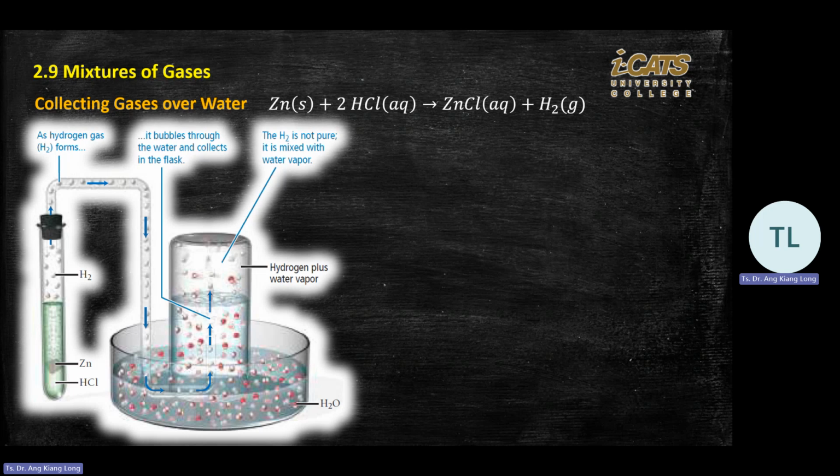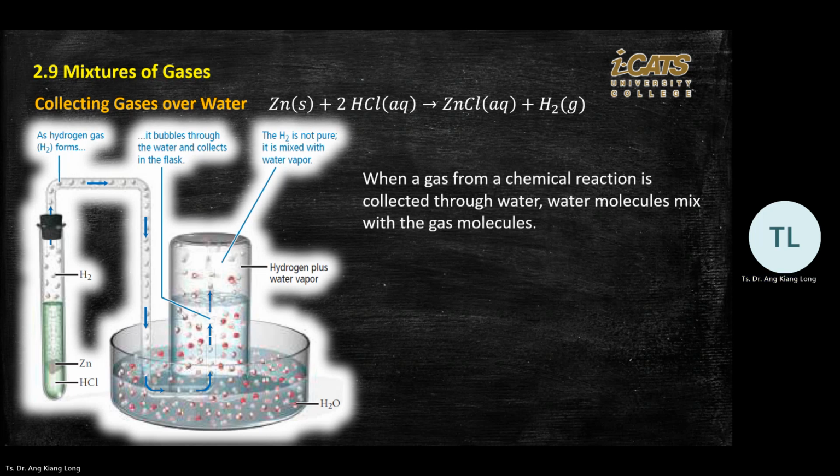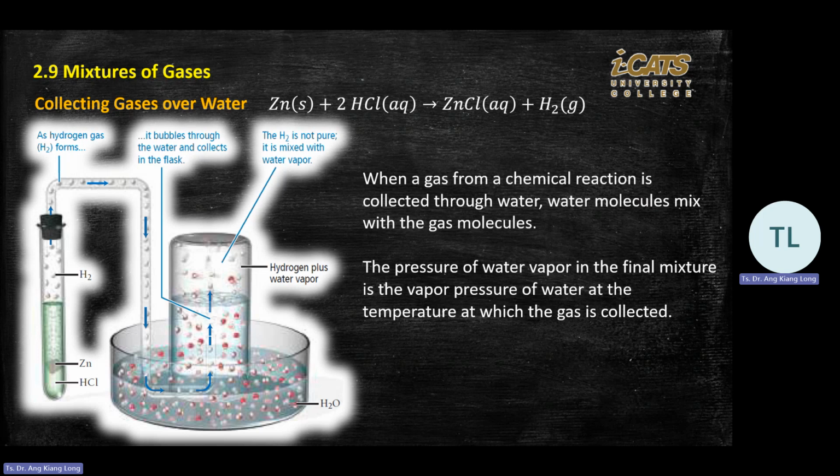So how do you collect it in the experiment? You put in zinc and HCl, you channel the tube into a container. So this one is your water. You put your tube inside. This one you collect hydrogen.